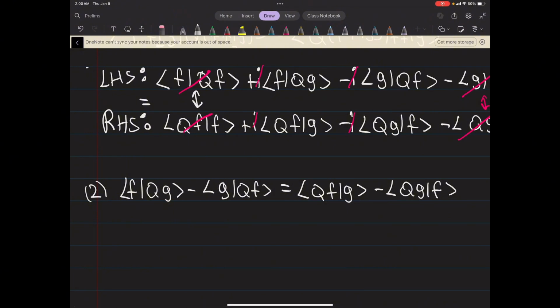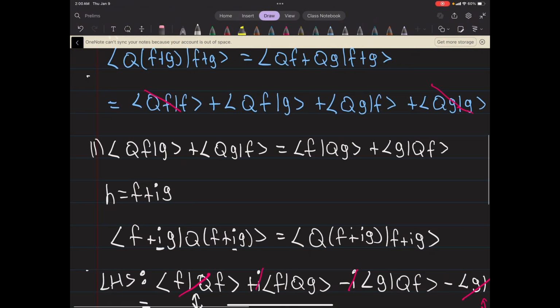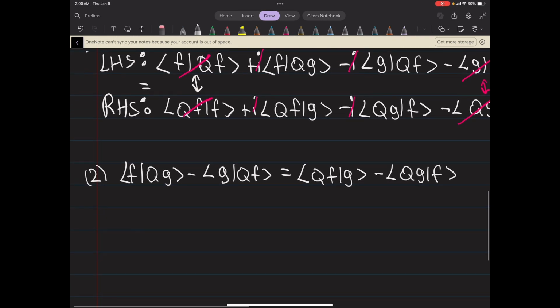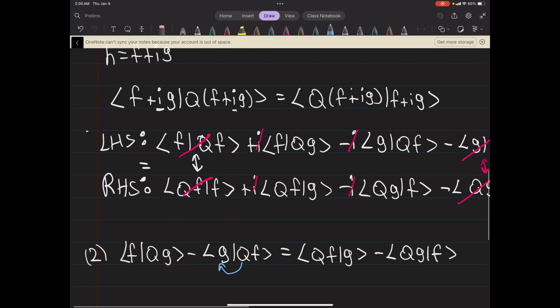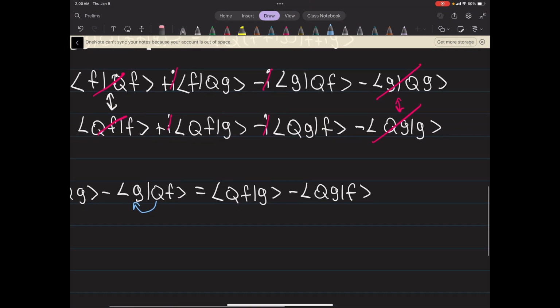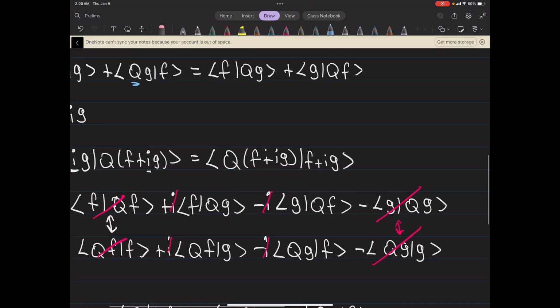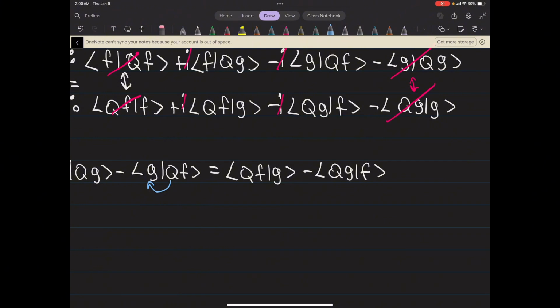And if you notice, equation 1 and equation 2 are very similar. Once again, we could move this Q over here to match with where the Q is there. And then the other term right here, we could move this Q over here to match with this term, or the other way around, it doesn't matter.